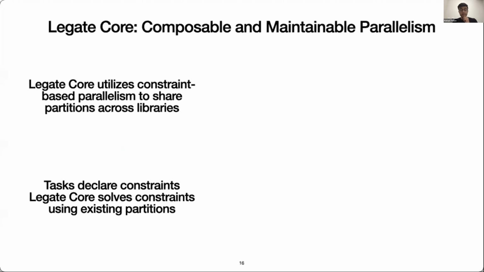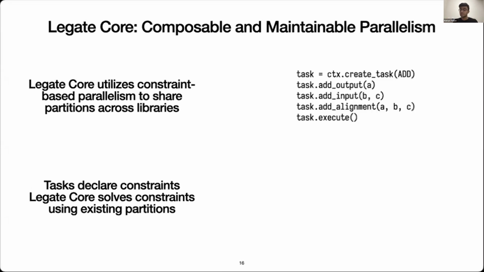And so what I mean by that is that when you decide to launch a task, rather than specifying exactly, hey, this task must use a row-based partition, what you're going to say is that this task is going to have certain constraints on how the arrays it uses can be chopped up. And Legate core is going to use something called a constraint solver to figure out partitions of the data that exist already in the machine that satisfy those constraints, allowing you to keep the data in place and have different libraries coordinate on those same partitions of data.